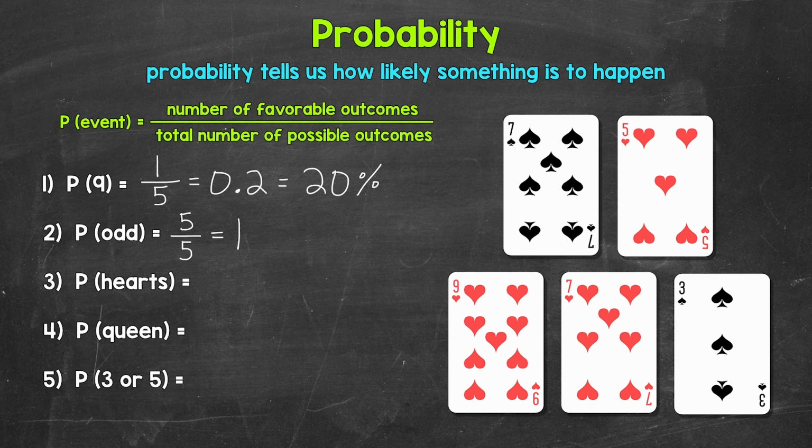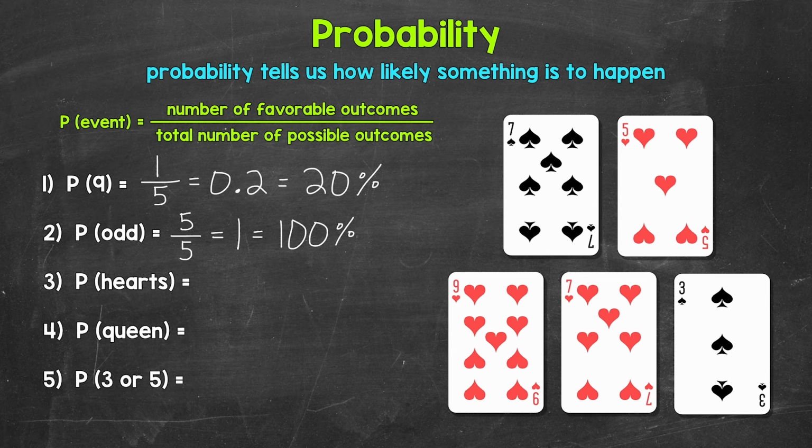Then our percent here, we multiply that decimal by 100, and that's going to be 100%. 5 out of 5 cards have an odd number, so we have a 100% chance. This is what we call a certain event. We're 100% certain it will happen.